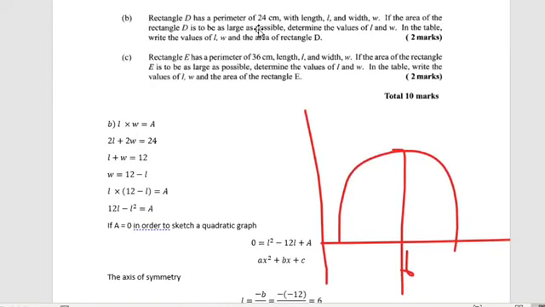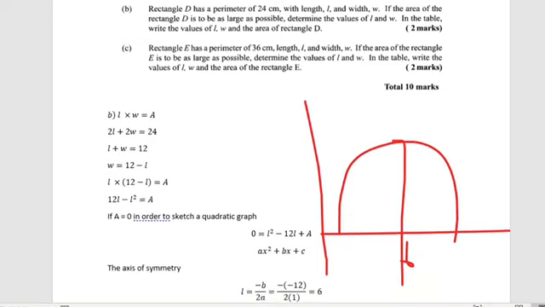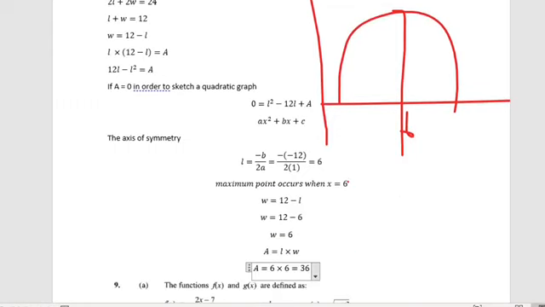So for rectangle D, to be as large as possible, the length is 6, width is 6, area is 36, and our perimeter remains at 24. So we basically get a square in that instance.